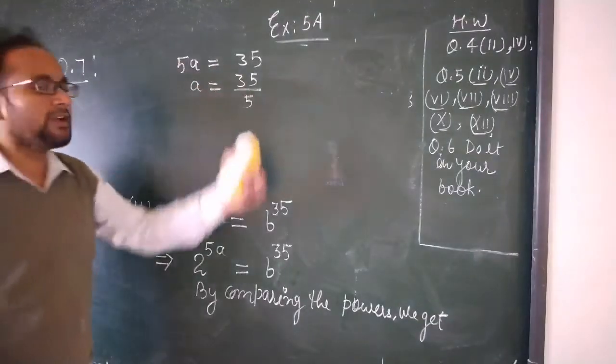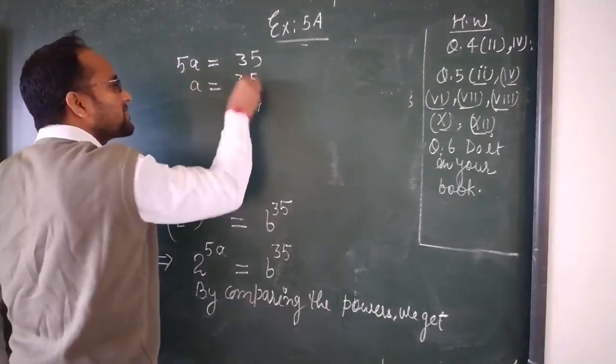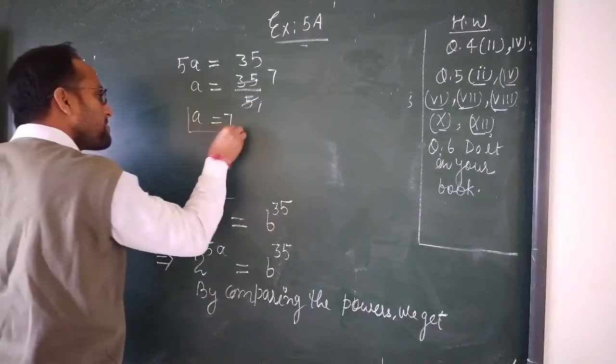If you transfer it to the right side, then multiplication changes into division. So cancel out, and A is equal to 7.